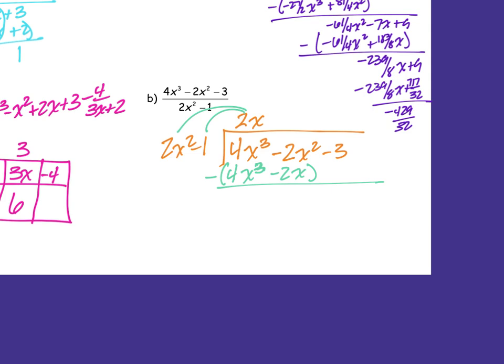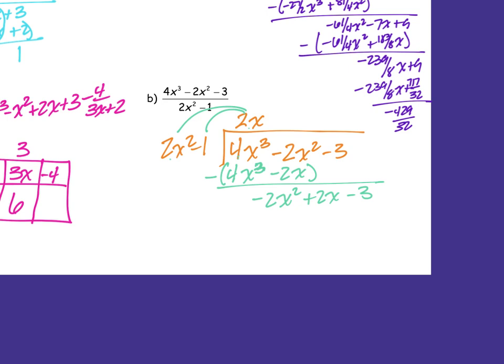So divide this into this to get that, then multiply this by that, and then subtract, which is kind of confusing. I'm not going to lie to you. So I'm going to get negative 2x squared plus 2x minus 3, because those aren't like terms, right? And this is probably where we're going to figure out how to do the box, just so you know.